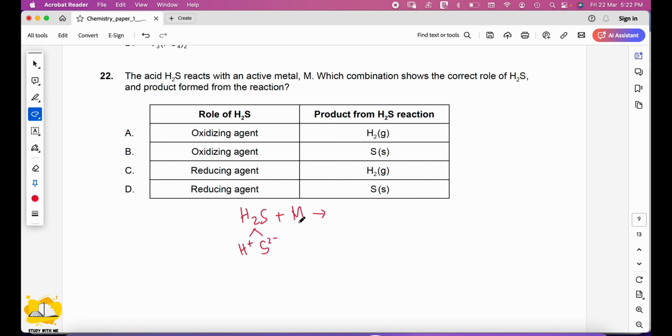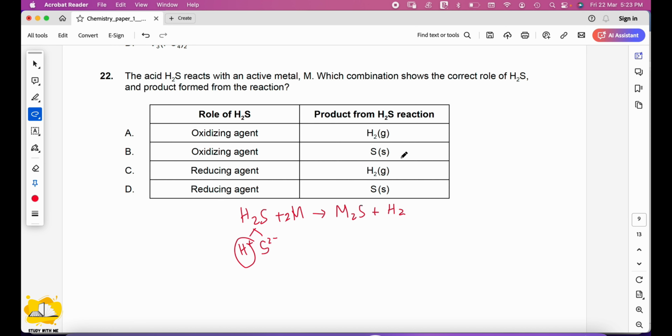So if it's a metal, it will be plus. So M will react with S. Let's make it maybe +1 because it's an active metal. So it will be M2S plus. There is H right here, so hydrogen will be the product.